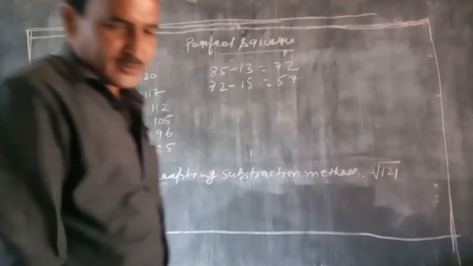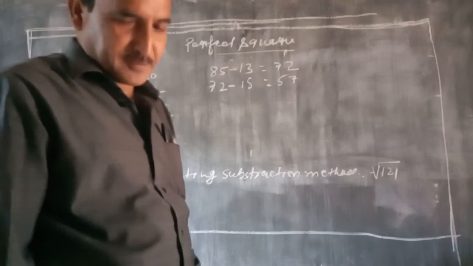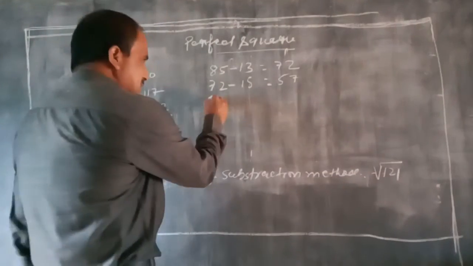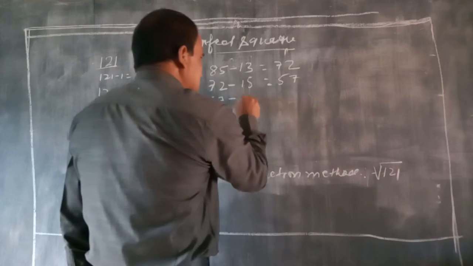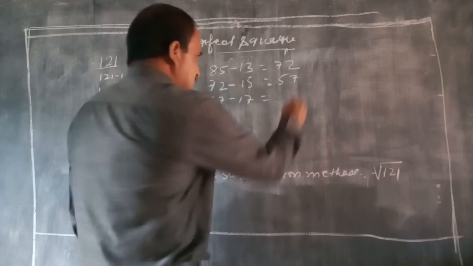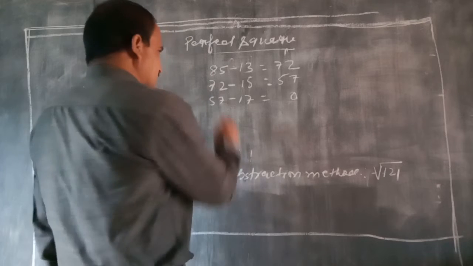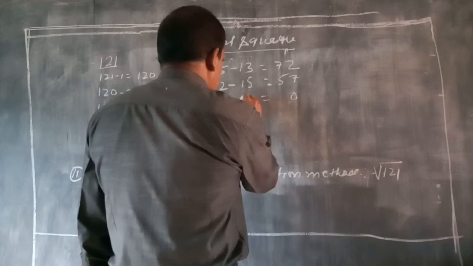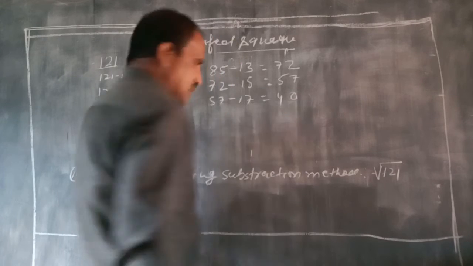That means you have got 57. 57 minus 17 gives 40.